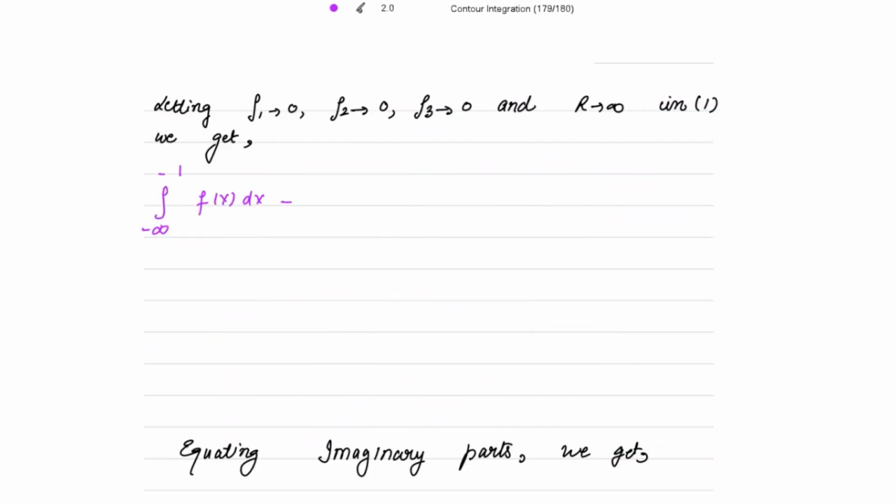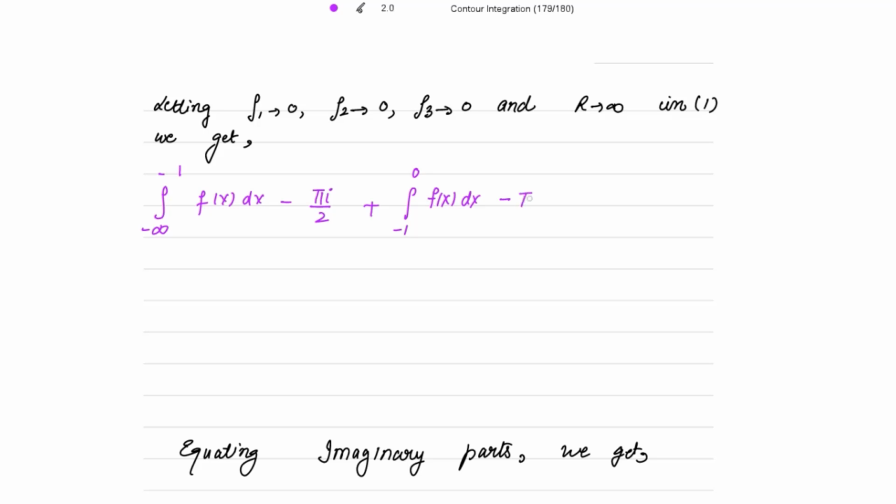Please check all the limits. This is from minus 1 to 0, f of x dx, and then putting the value for the curve gamma 2, we have calculated the integration.